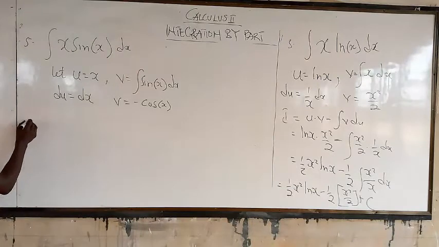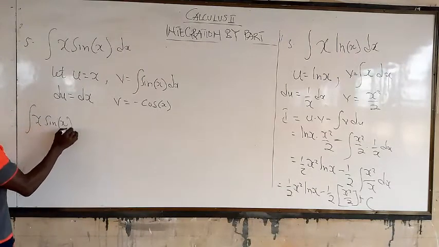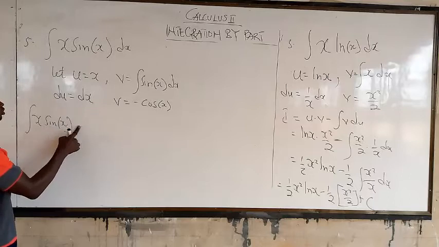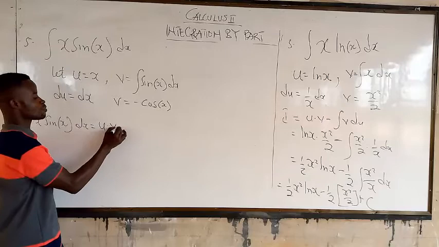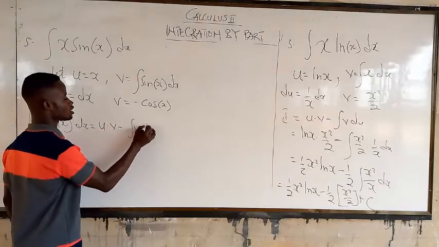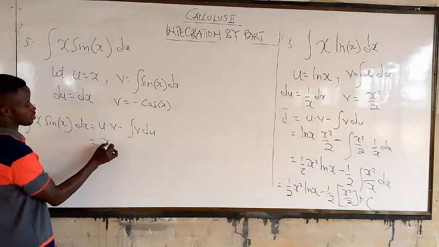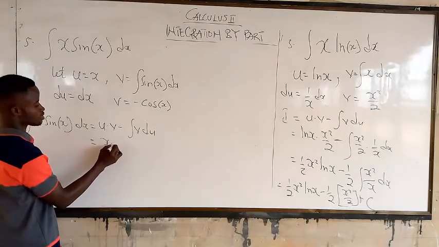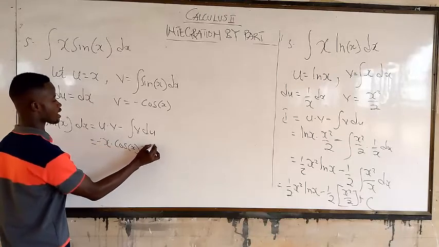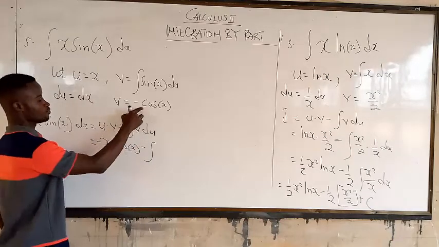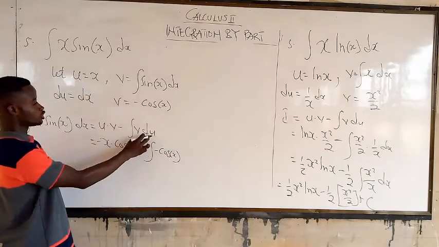So when you put this down, the integral of s sine s will be equal to uv minus the integral of v du. So u is s, v is negative cos s, minus the integral of v, which is negative cos s, du.